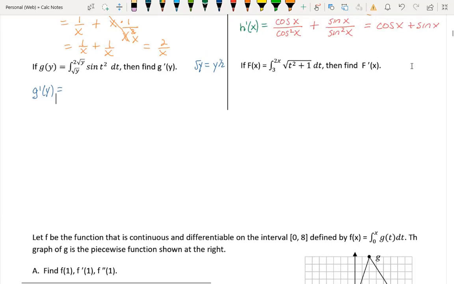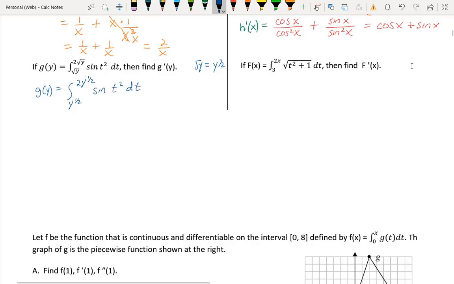I think it'll be easier to see. So I'm going to go back and write g of y. So g of y equals the integral from 2y to the 1/2 power over y to the 1/2 of sine t squared dt.